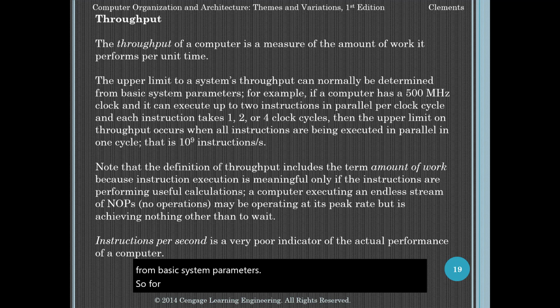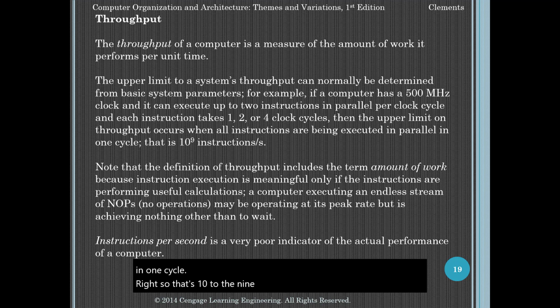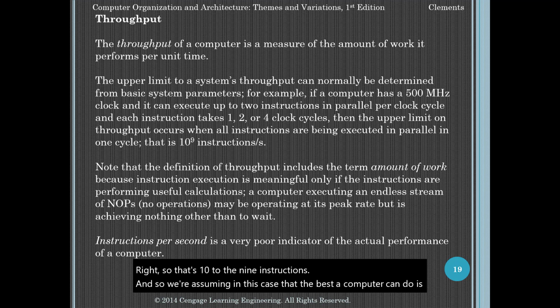So, for example, if a computer has a 500 megahertz clock and it can execute up to 2 instructions in parallel per clock cycle, and each instruction takes 1, 2, or 4 clock cycles, then the upper limit on throughput occurs when all instructions are being executed in parallel in one cycle, right? So that's 10 to the 9 instructions. And we're assuming, in this case, that the best a computer can do is 1 instruction per cycle.